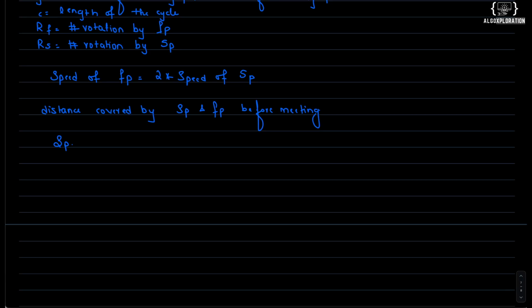So the distance for the slow pointer will be x plus rs into c plus y, and for the fast pointer as well, the distance covered by the fast pointer is x plus rf into c plus y, right?